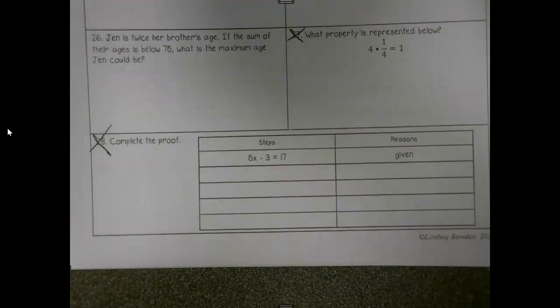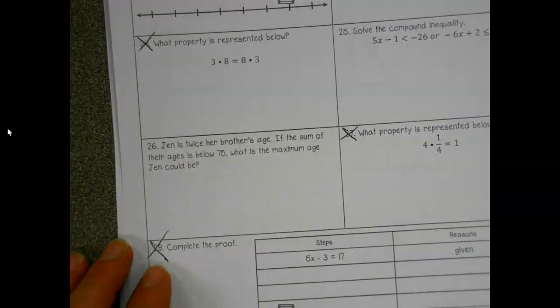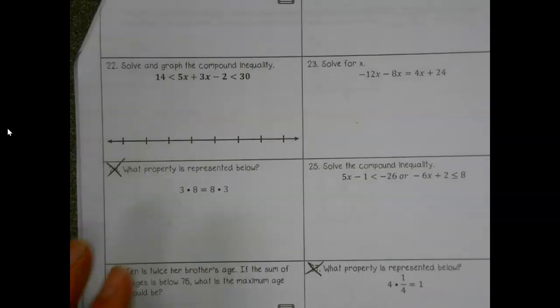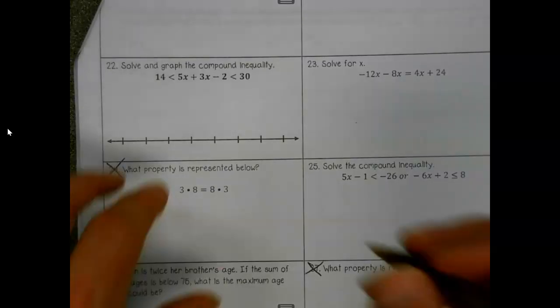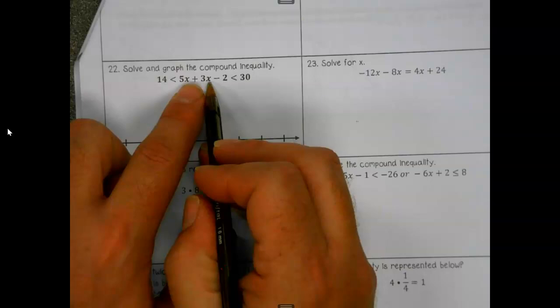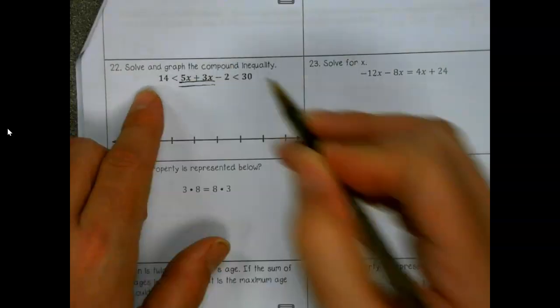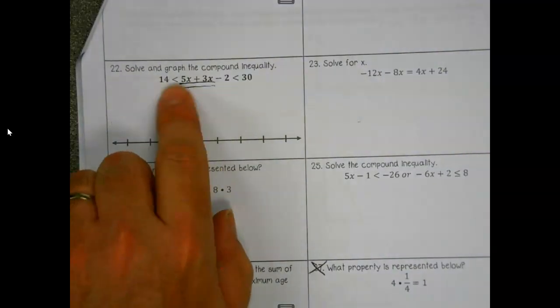Ooh. All right, let's see here. 22 helps if I'm on the screen. Okay, this is one of those compound ones that gets a little funny. So again, the goal is to get the x alone in the middle. And this is a little similar to one we saw earlier. Both of these x terms are in the middle.